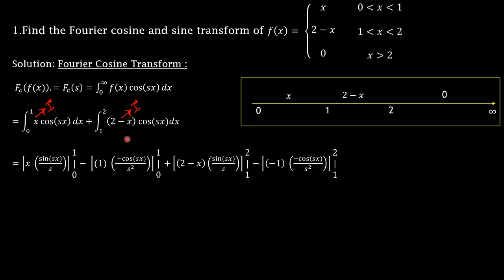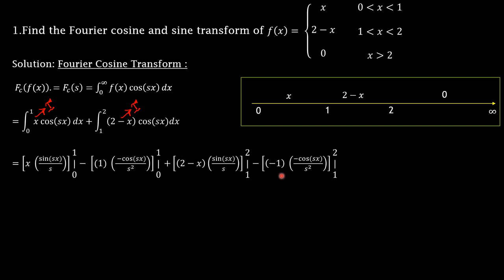Now evaluating the second integral, first function 2 minus x into integration of cos sx. What is the integration of cos sx? It is sin sx by s, where the limits of x are varying from 1 to 2, minus the differentiation of 2 minus x. What is the differentiation of 2 minus x?